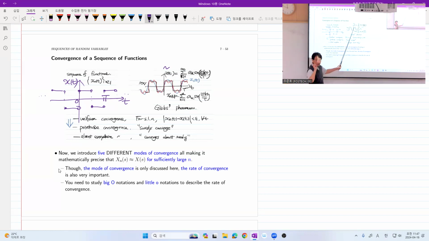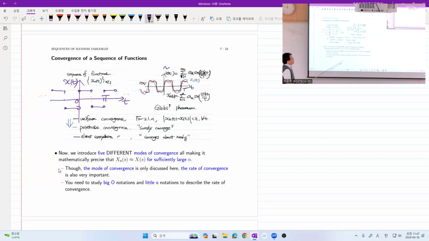Be careful, I didn't say this is x. Now x tilde is defined as the sum of your Fourier coefficients times sine functions. In this case, the cosine terms are all zero because the function is an odd function. So you have sine of 2 pi k t over capital T, where k runs over every integer.